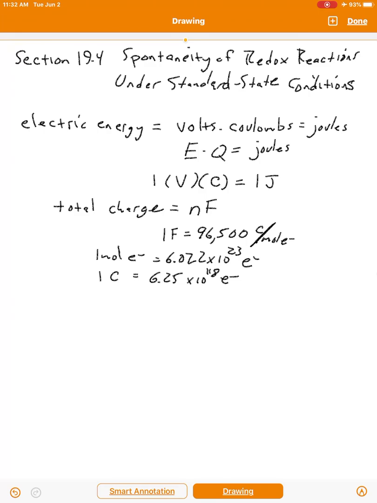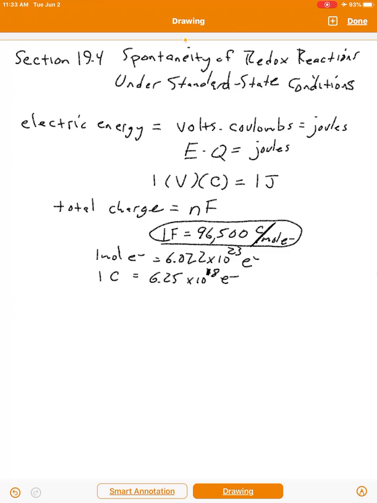So this Faraday is nothing more than the conversion between coulombs and moles. There are approximately 96,500 coulombs for every mole, because if you took Avogadro's number and divided that by the definition of a coulomb, 6.25 times 10 to the 18th, sorry, that's an 18, you would get that number, 96,500.